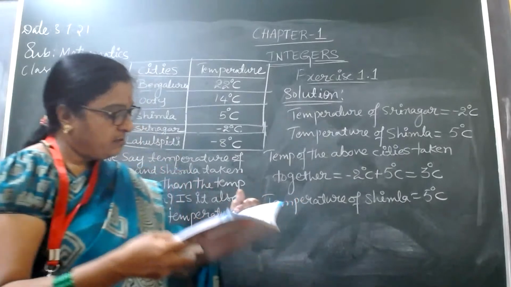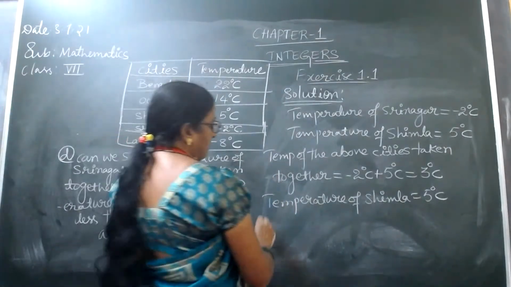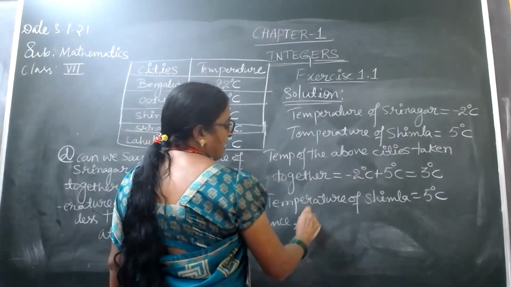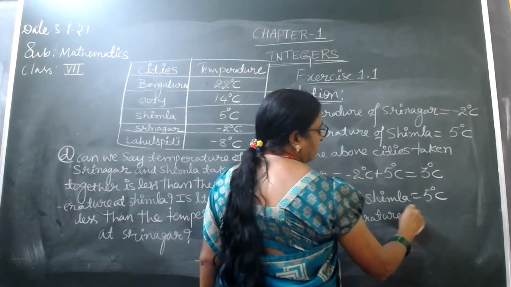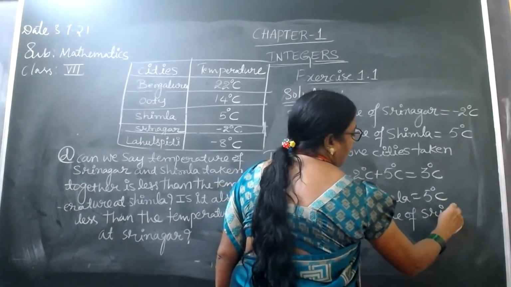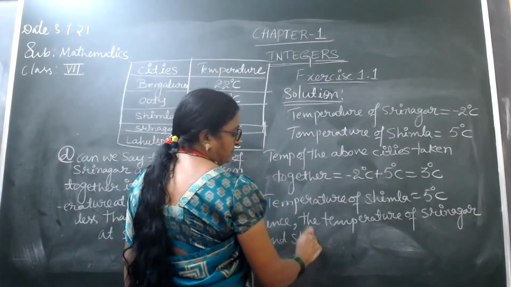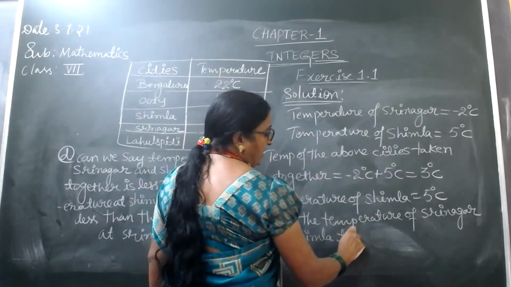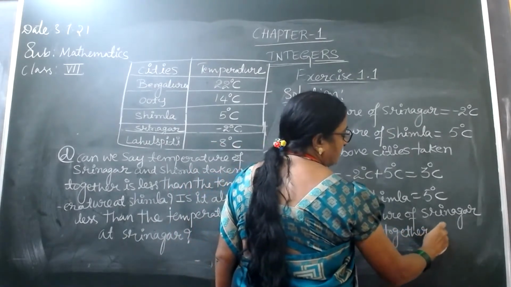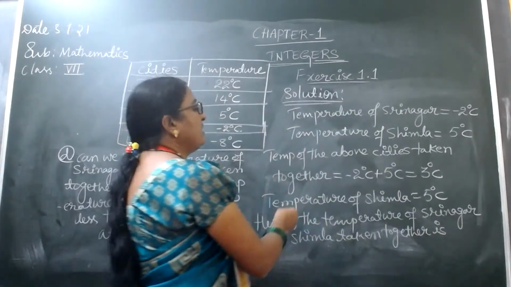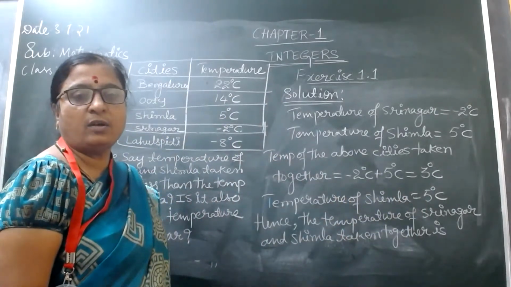So, hence the temperature of Srinagar and Shimla taken together is less than, how much is it, student? From 5, subtract 3, remaining 2 degrees Celsius, no?